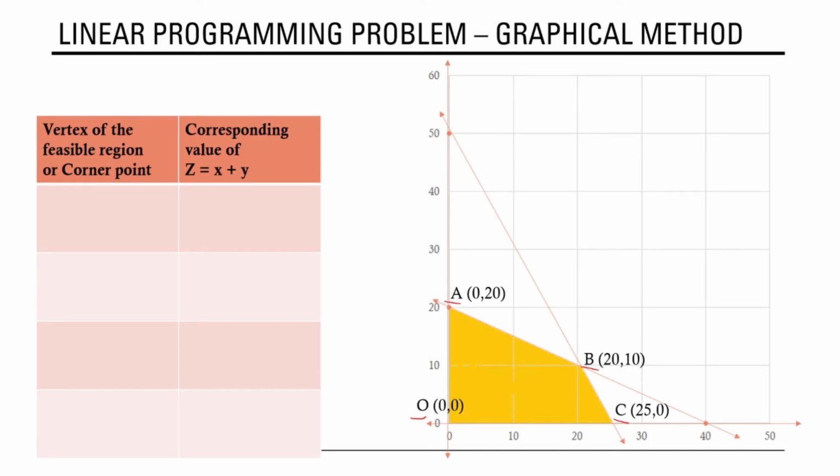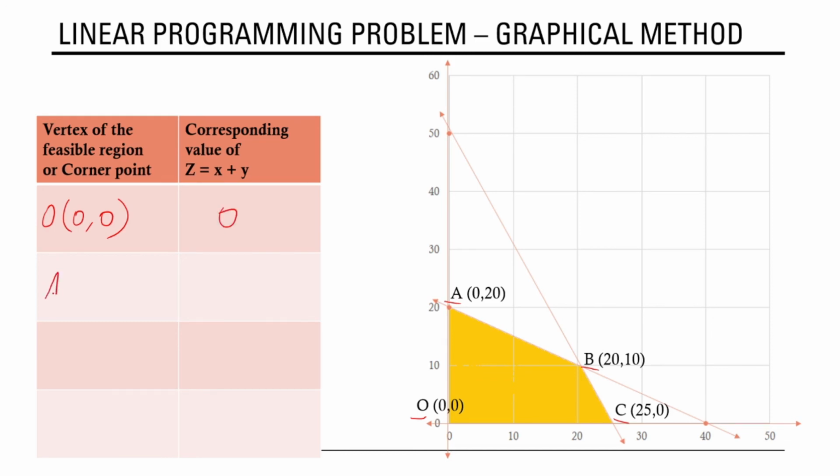So let us take various vertices and the corresponding value of Z. I am taking the first vertex O, (0, 0). So the value of Z corresponding to O is Z equal to x plus y, that is 0 plus 0, it is 0.